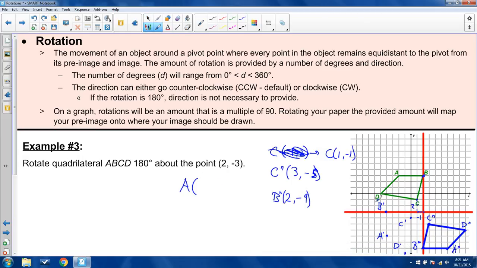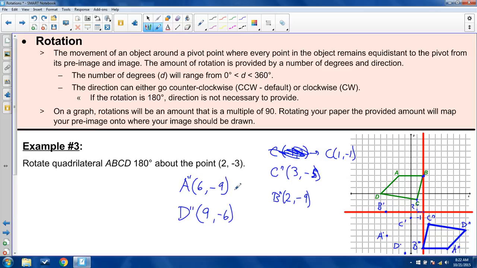A double prime is at 1, 2, 3, 4, 5, 6, 1, 2, 3, 4, 5, 6, 7, 8, 9, 6, -9. D double prime is at 1, 2, 3, 4, 5, 6, 7, 8, 9, 1, 2, 3, 4, 5, 6, 9, -6.